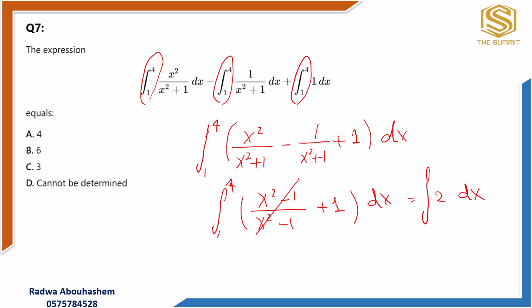Remember, the integration for any number is just to add the x to it. So this means it's just 2x. But remember, you're taking a definite integration, so you have to evaluate from 1 to 4. So I will substitute the 4 once and the 1 once. So 2 times 4, 8. 8 minus 2 gives me 6. So my answer is 6.